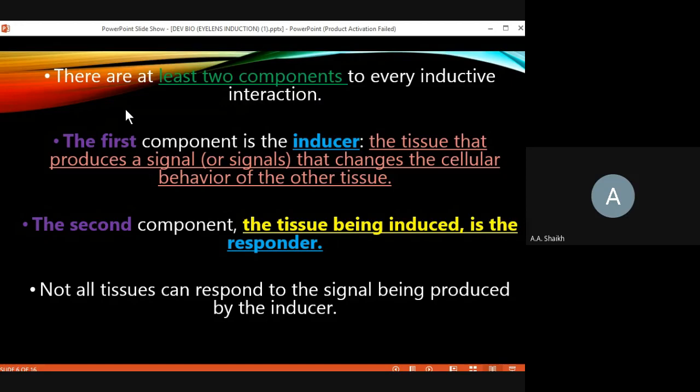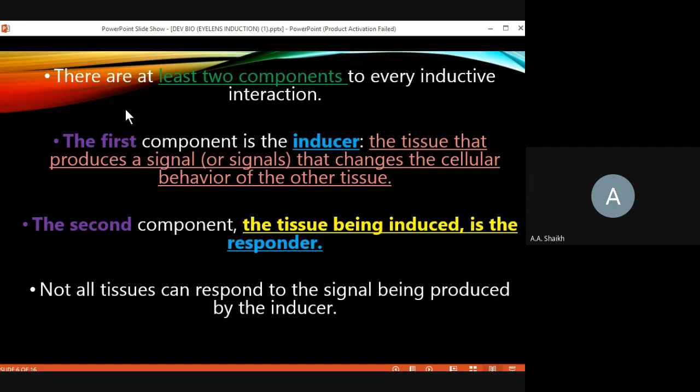So the inducer is basically a component which gives signals to other cells or tissues to induce something, to form something. Through their locally acting signals, these inducers could be a single cell or a group of cells carrying out all these processes.